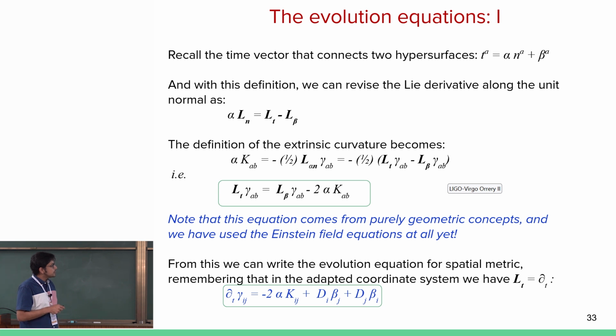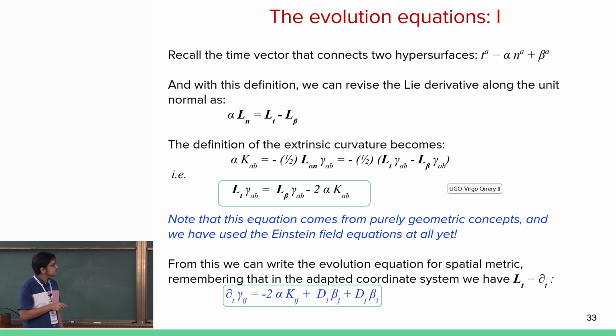Okay, so now the evolution equations. So the first evolution equation actually comes from the relation we derived, which we talked about earlier, which is given by the extrinsic curvature being equal to minus one half the Lie derivative of the spatial metric tensor along the normal direction. Now I am multiplying the normal vector with the lapse function here, and then expressing the Lie derivative as a sum of the Lie derivative along the time vector minus the Lie derivative along the shift vector, right?